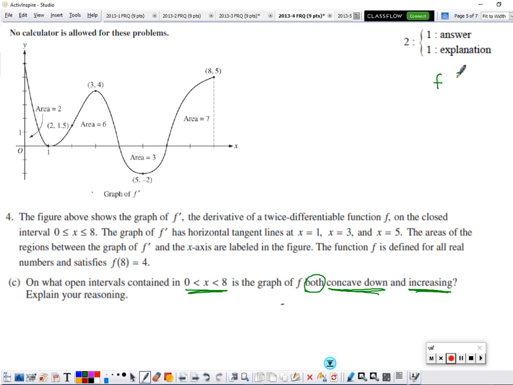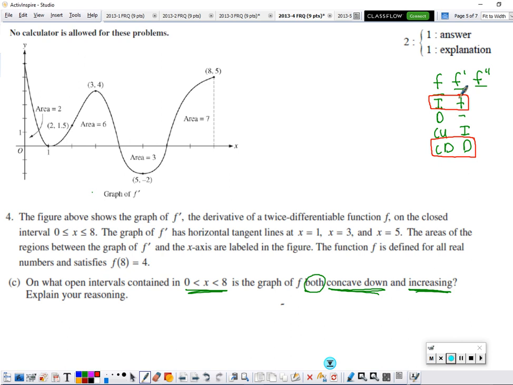So f prime, f double prime. Okay, so looking for when f is both concave down and f is increasing.